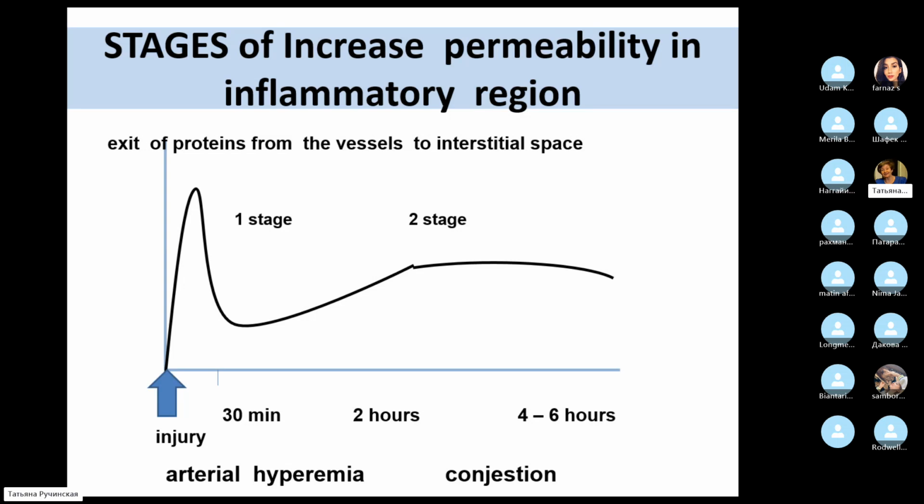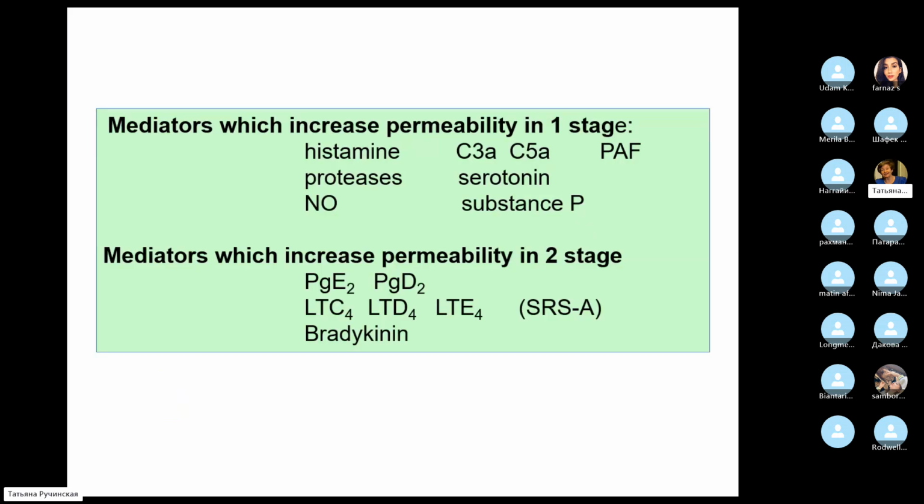You see, the first stage, due to its time period, belongs to arterial hyperemia. Venous hyperemia or congestion appears after 2 hours. And the next picture shows you the mediators which take part in the first stage of increasing permeability and during the second stage of increasing permeability.